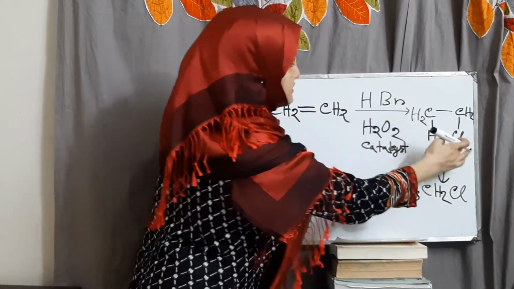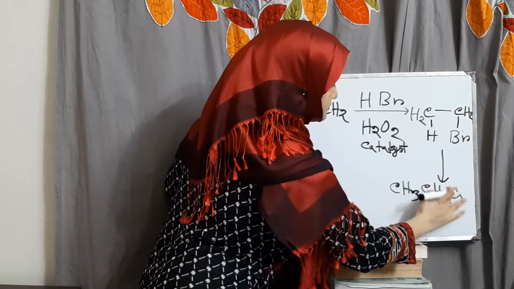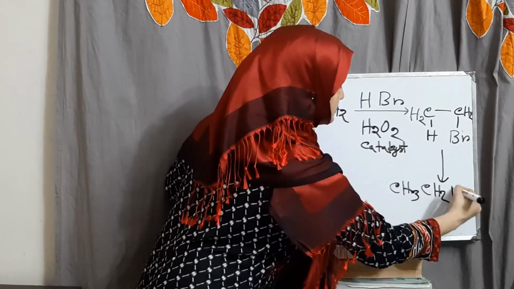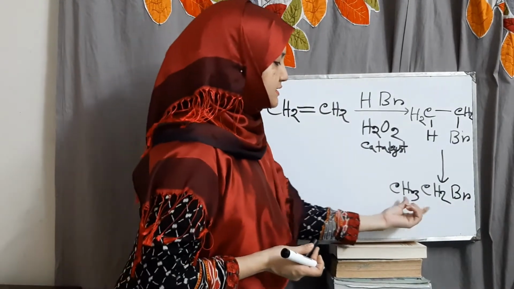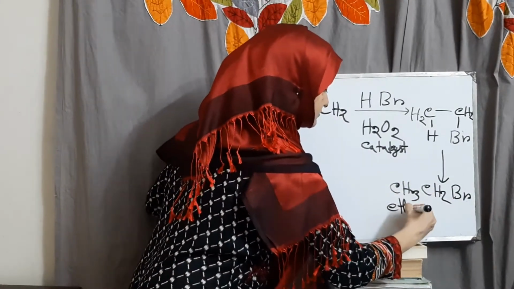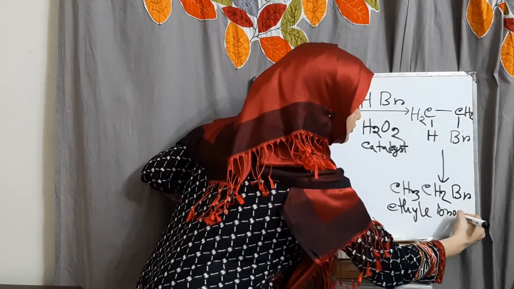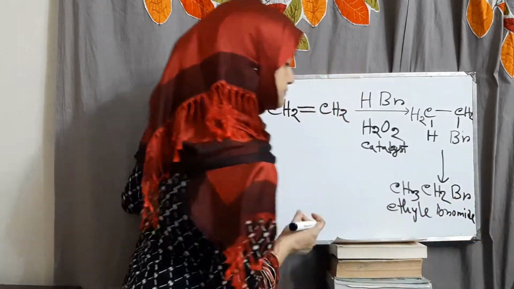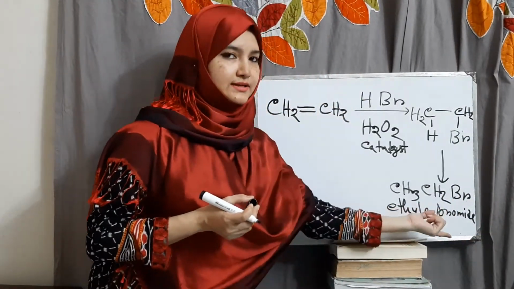Sorry, this is bromine, that's why it's bromide. This is the ethyl group, ethyl bromide. This is our corresponding alkyl halide.